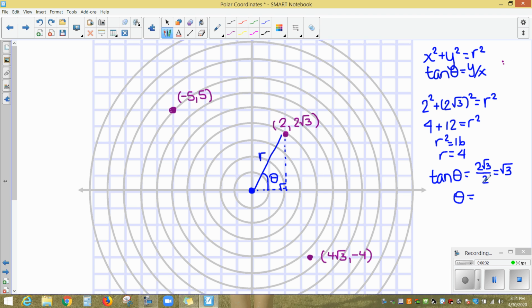In the first quadrant, the tangent is square root of 3 at pi over 3. The corresponding polar coordinates for this point here then are 4 and pi over 3.